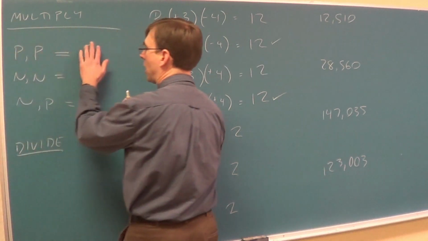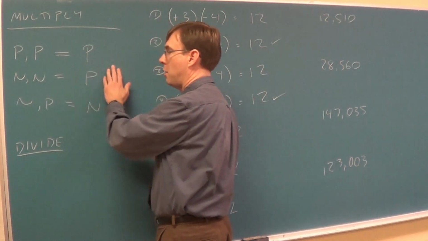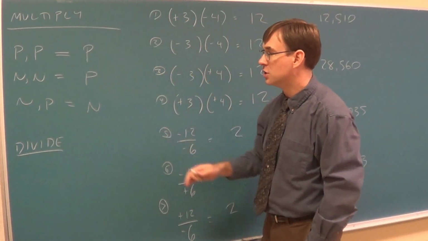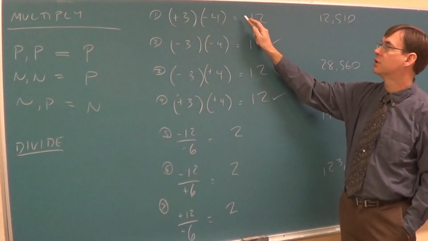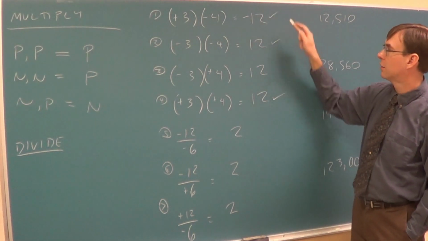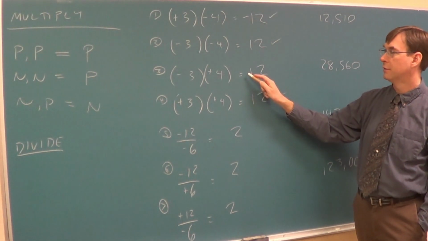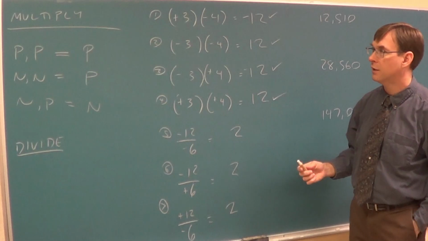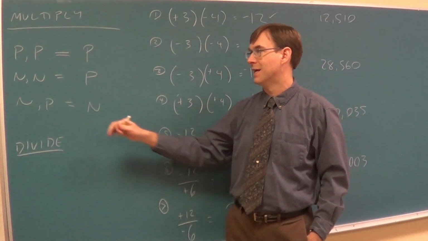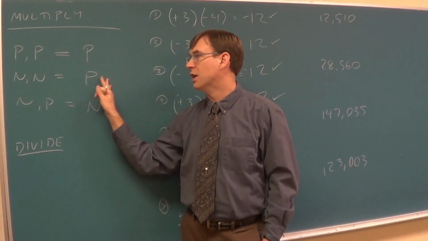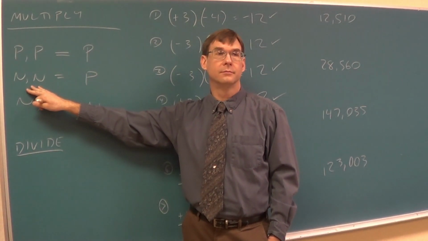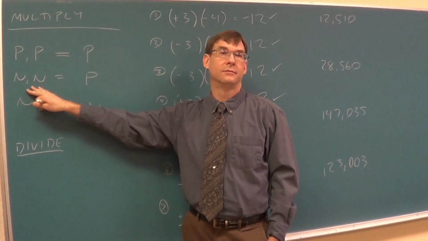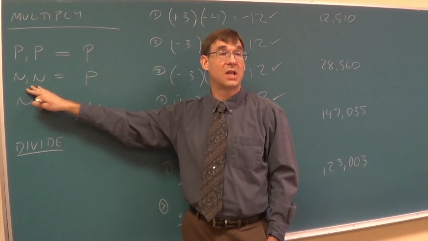So since this problem always gives us positive, this problem always gives us positive, the one of each is always going to give us a negative. So this problem number 1 should be negative. Check. Problem number 3 should be negative. Check. Another way we could say this is, we're going to get a positive if the signs were the same type.